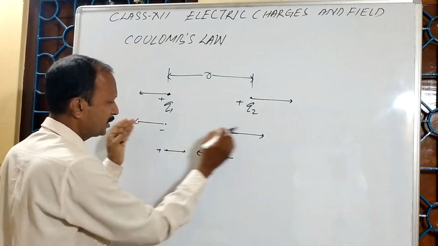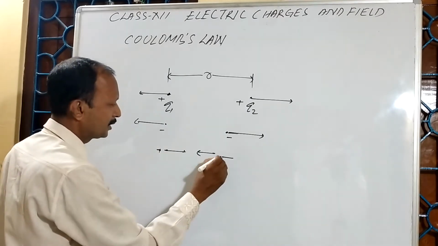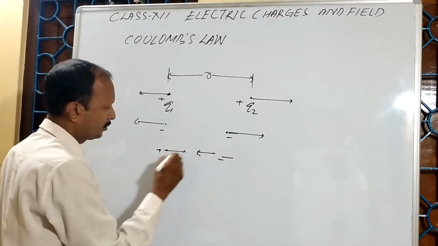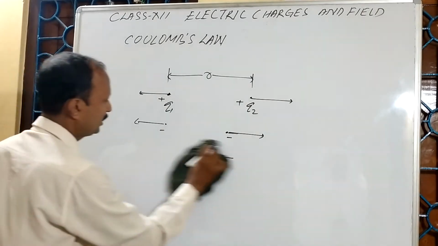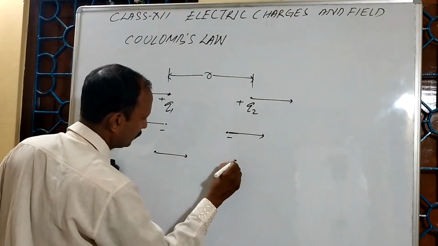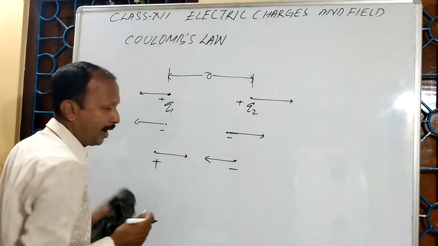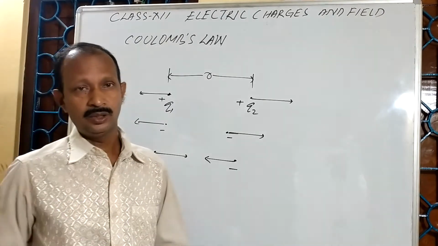Here also similar charges, that's why the direction is like that. Here are opposite charges, that's why the direction is towards each other. This is also attracting. One is a positive charge, one is a negative charge.